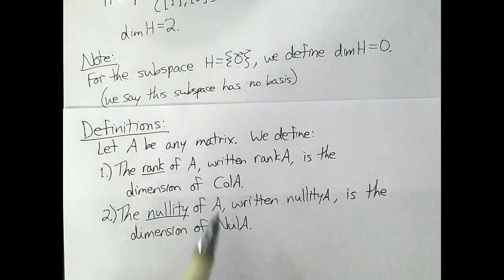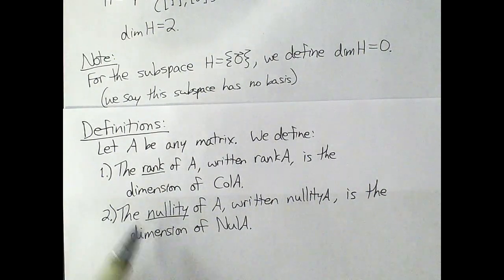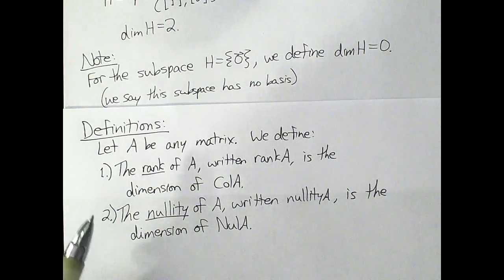Last time we did an example where we found a basis for col A and null A. Once you find the basis, you know what the dimension is. Just count up how many elements there are. Make sure it's a linearly independent set, doesn't have anything redundant in it, and then you know the rank and nullity.